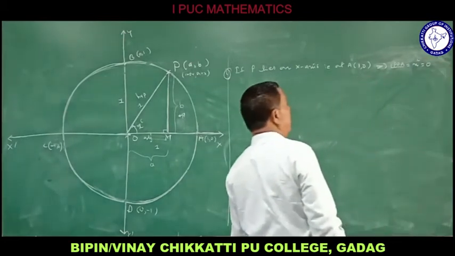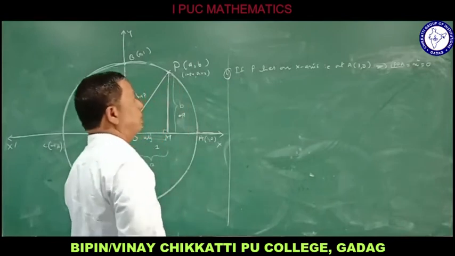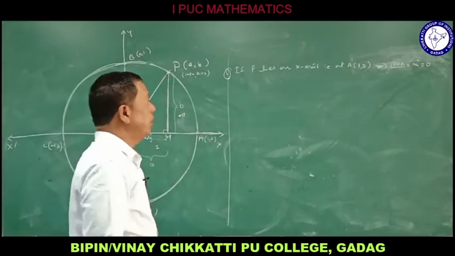Try to understand that when you write X is equal to 0, what comes?